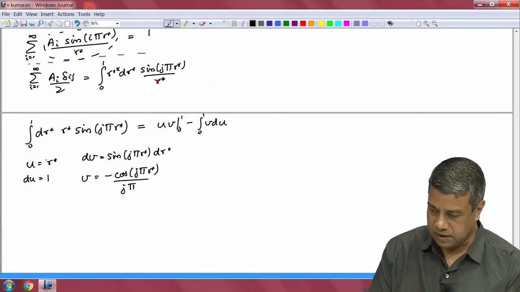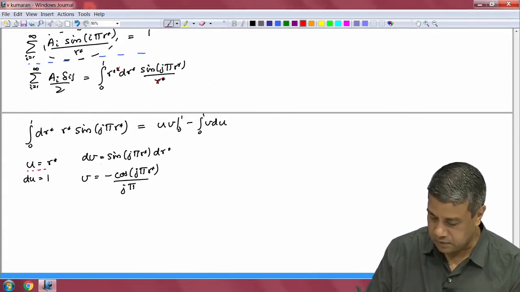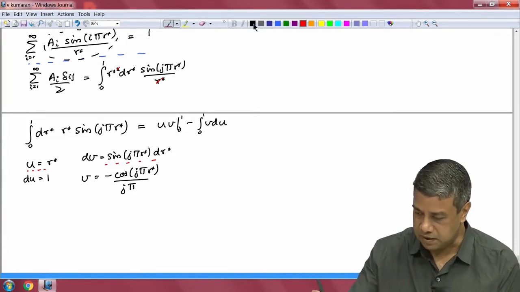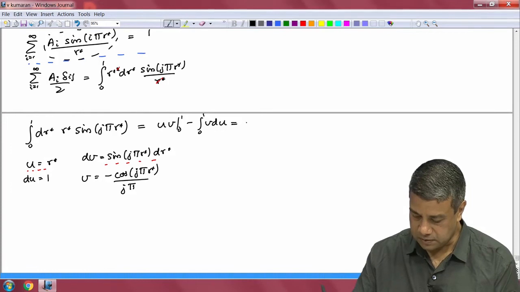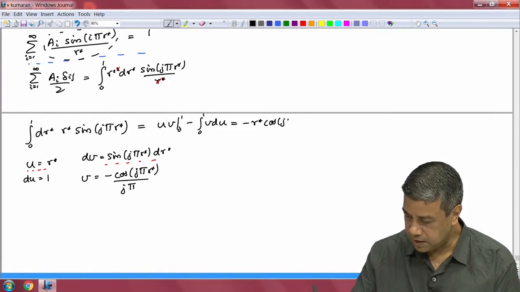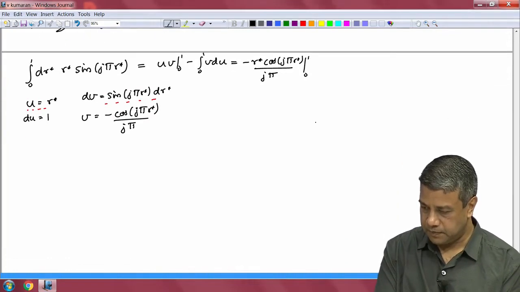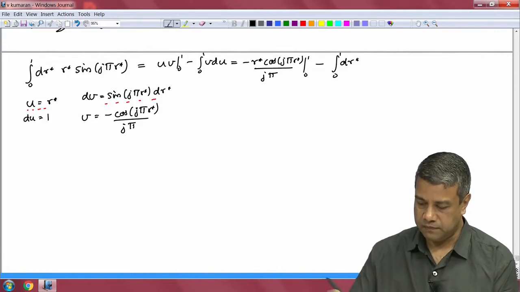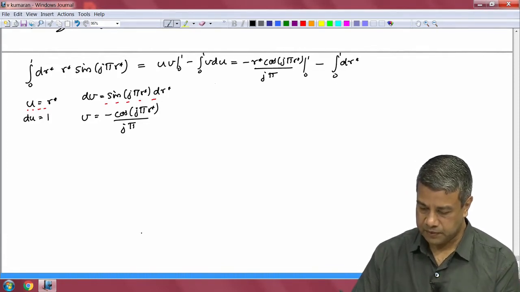Okay, on the left side you have the integral of u times dv, which is equal to uv minus the integral of v times du. So, this uv is equal to minus R cos j pi R by j pi at the limits 0 and 1, minus integral 0 to 1 of v times du.